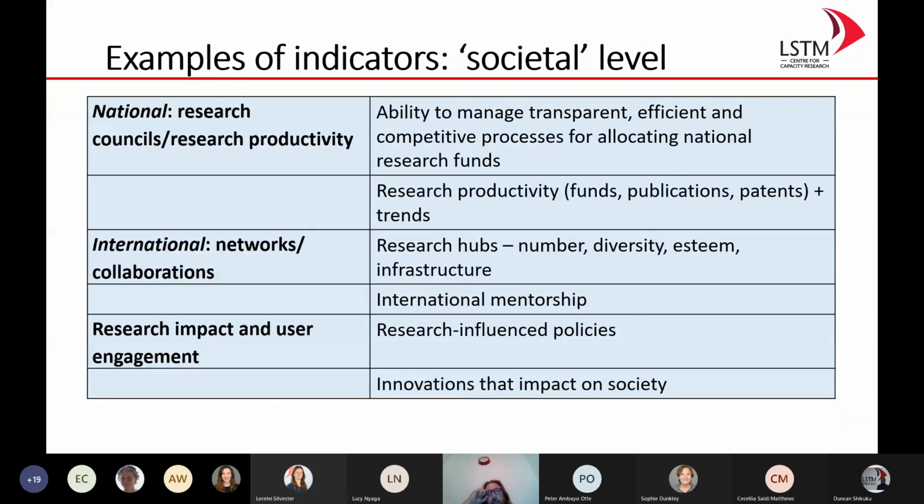And thirdly, here we have the same format, but examples of activities and indicators at that societal level. So again, things that you may want to focus activities on, things that you may want to measure. And what I would hope that you can take from this review of indicators, both publications and indicators, should speak to the types of activities that you're investing in.